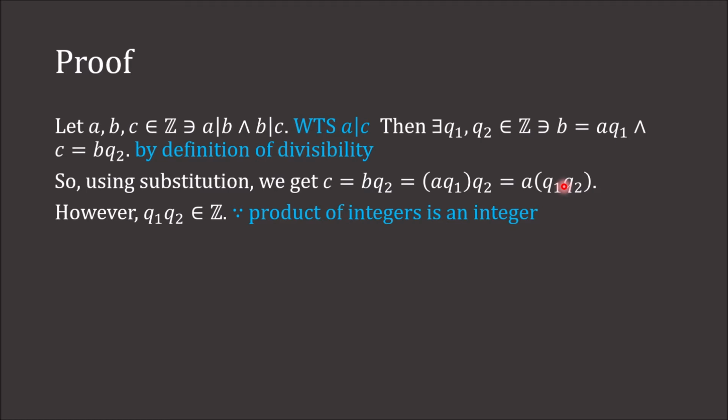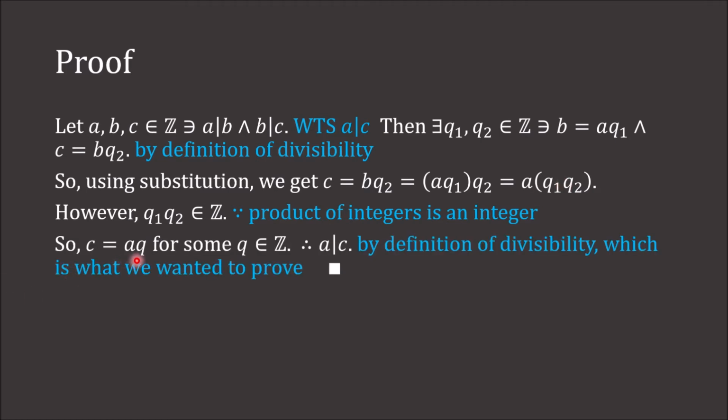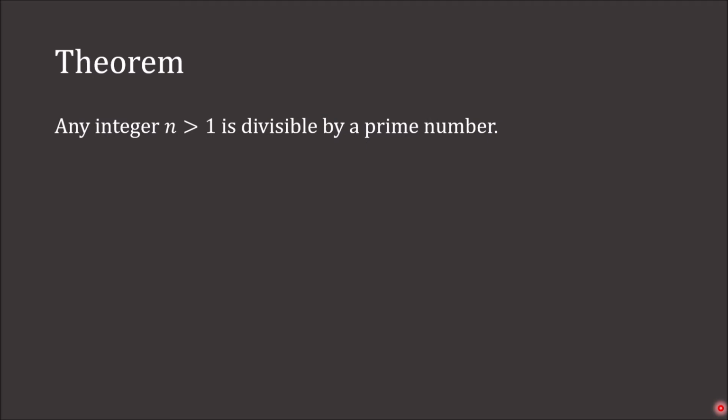So we just wrote c as a times some integer q. So by definition, this means that a divides c. This is what we wanted to prove, and so the proof is now complete.